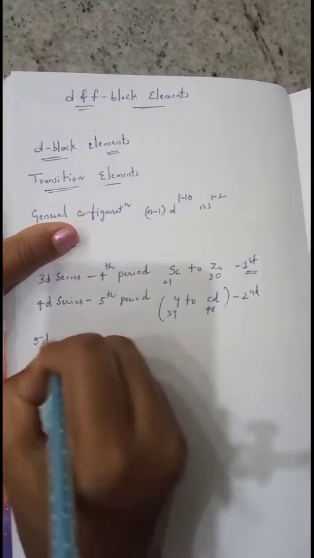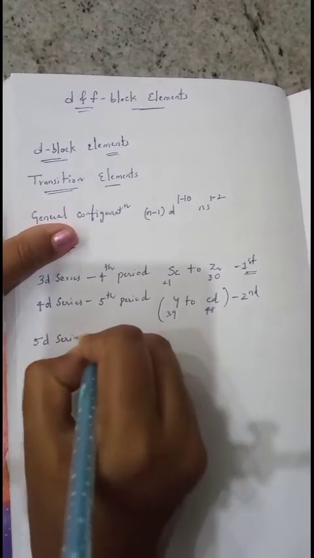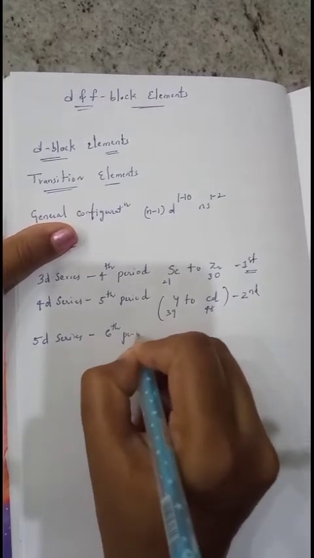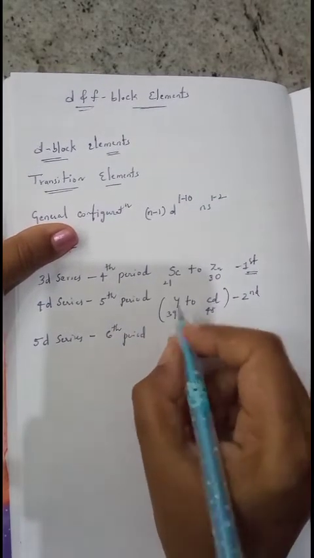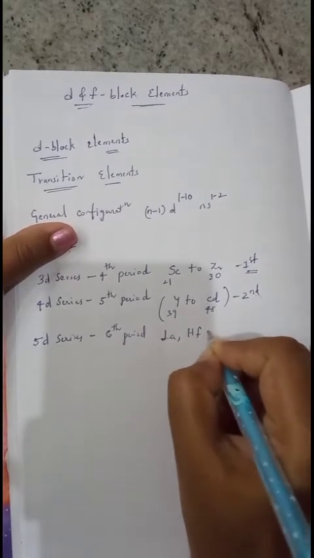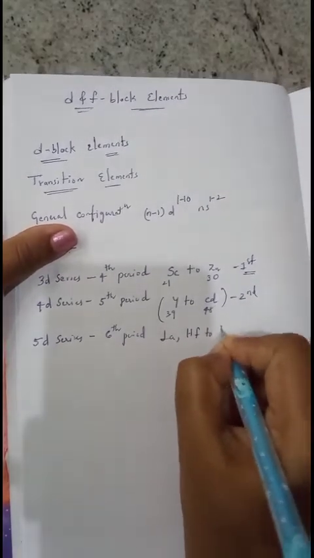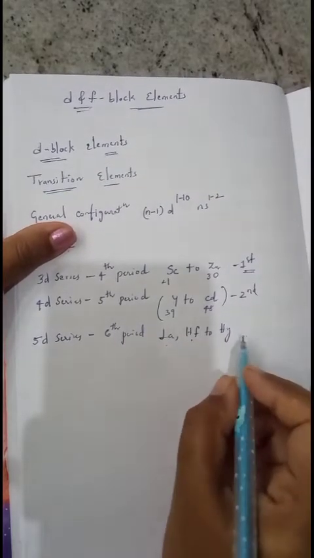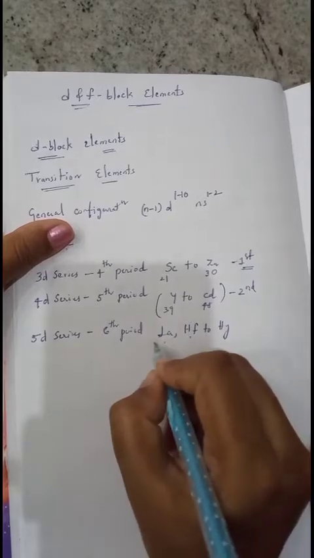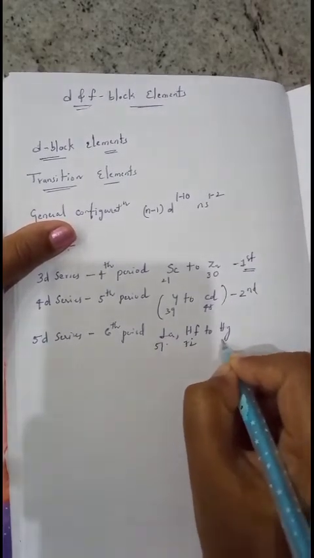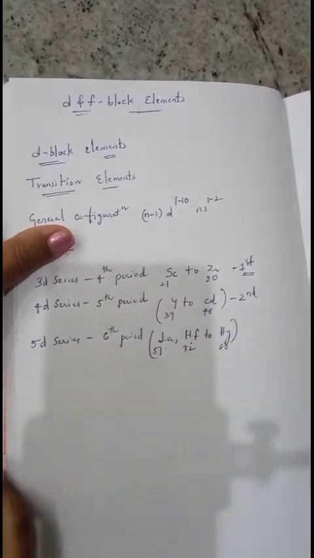Next, 5d series elements. This is present in the 6th period. The elements are from lanthanum, hafnium to mercury. Lanthanum atomic number 57, hafnium atomic number 72, mercury atomic number 80.